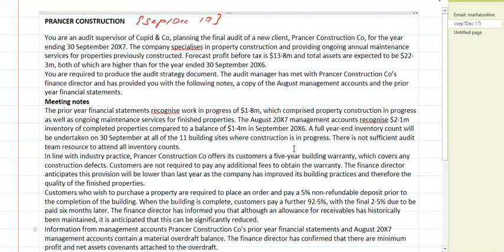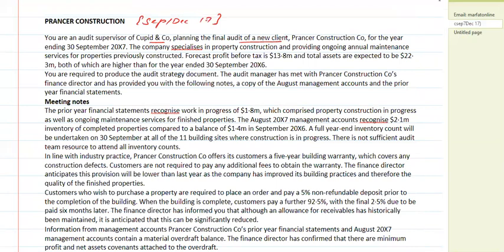You are an audit supervisor of Qubit & Co. and planning the final audit of a new client. So a new client is itself a risk. Prancer Construction Company, so this is the first risk we have identified, and we'll be writing it.